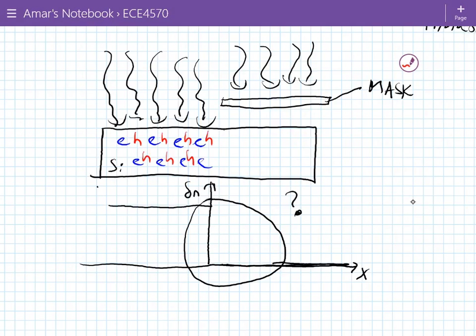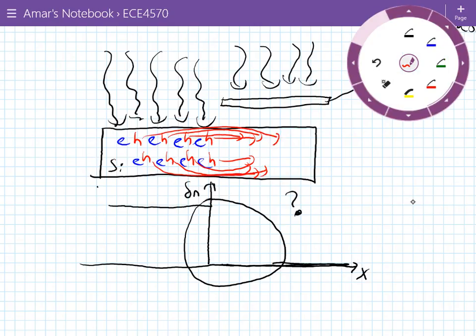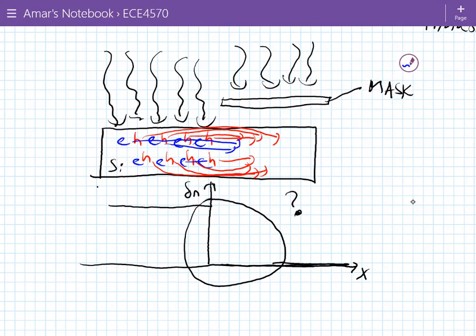Now there's excess electrons and holes on the left side compared to the right side, so the holes will diffuse from high concentration to low concentration, and so will the electrons. You get the idea, right? This is becoming messy. They all diffuse from left to right, light side to the dark side. The dark side of the force.